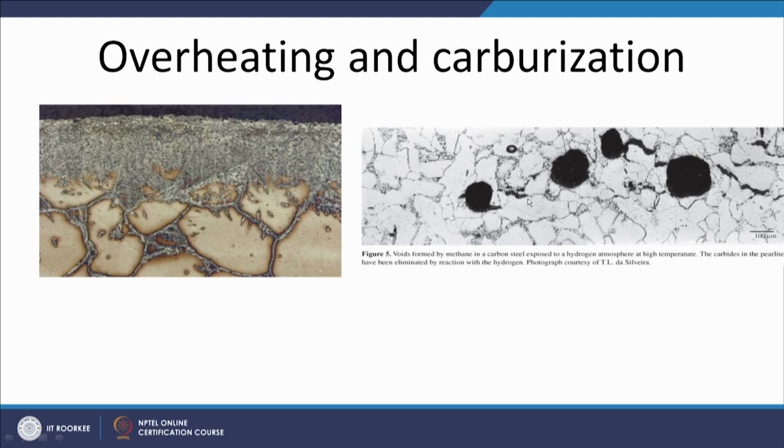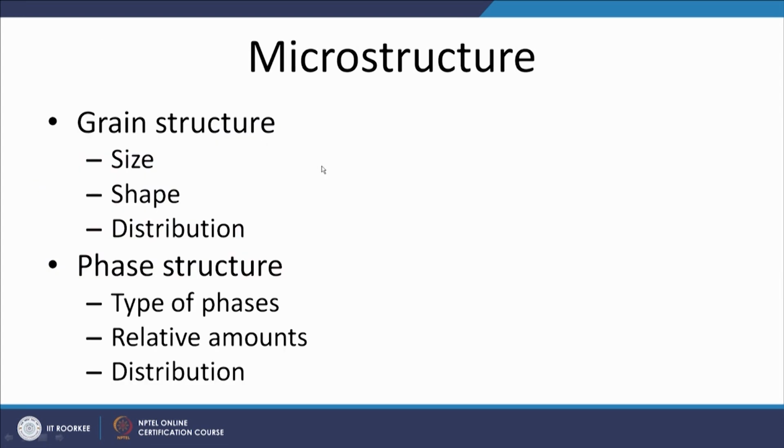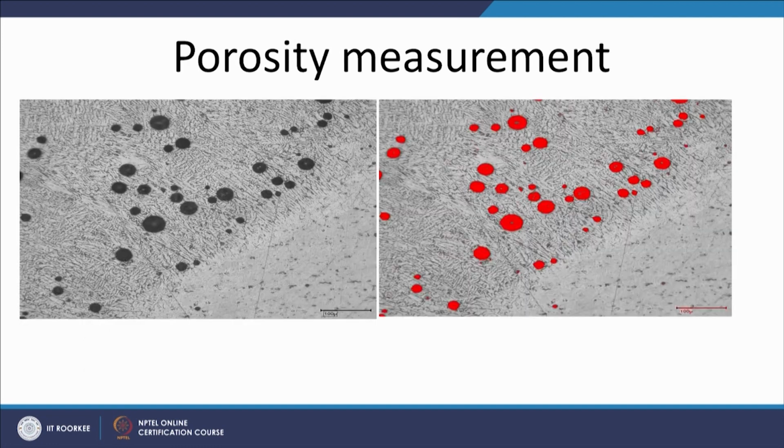So, that will indicate what the quality of the metal was and if they have contributed to failure of the component. So, these are the various things that we observe during microstructure studies, the phase structure and grain structure, and systematically image analysis helps us in identifying things with better clarity about the various aspects related to the microstructure.